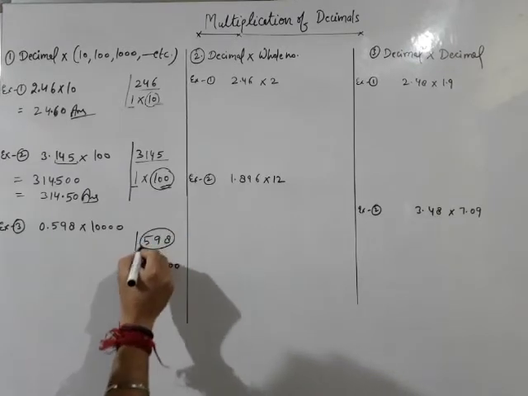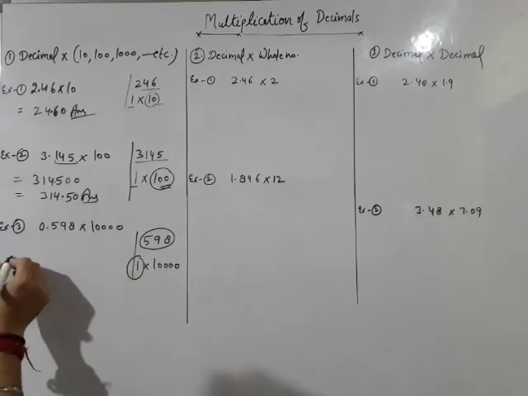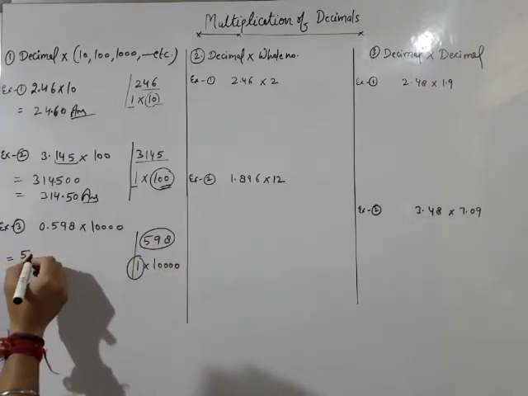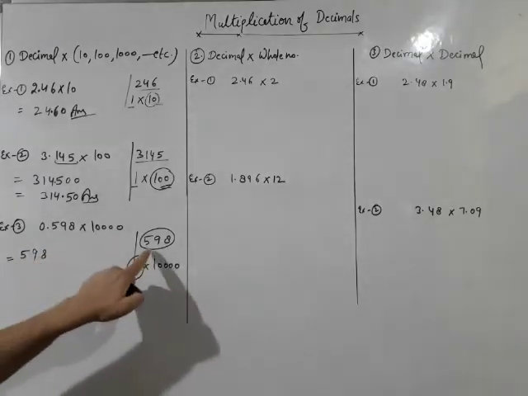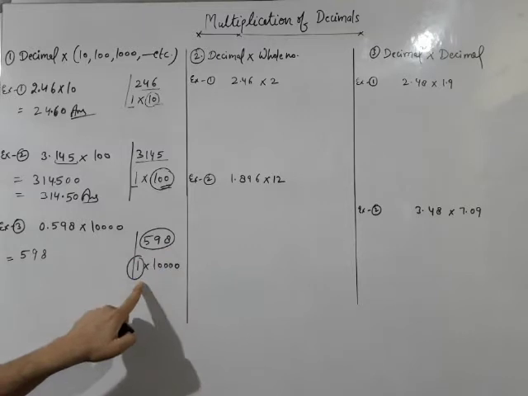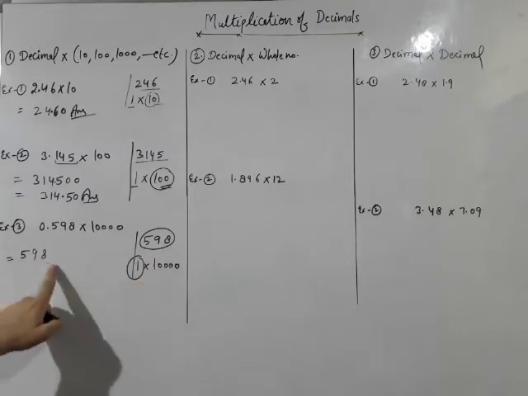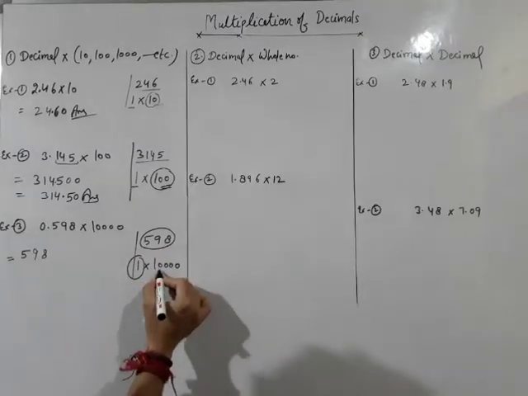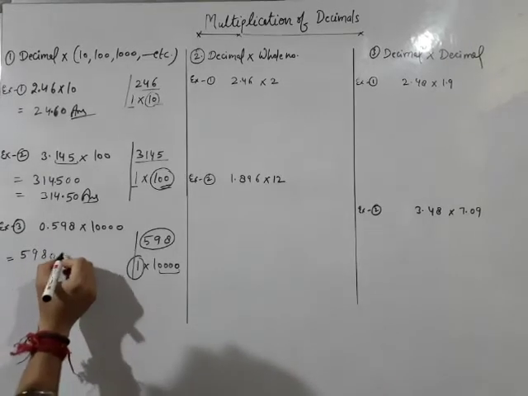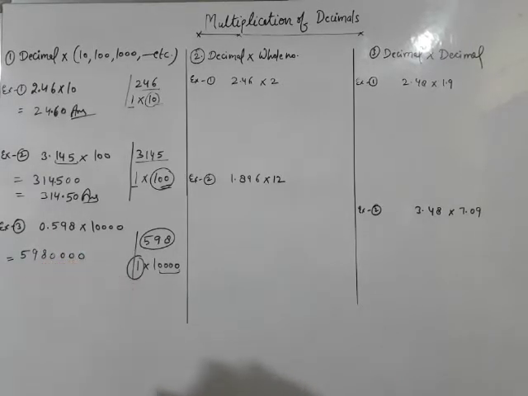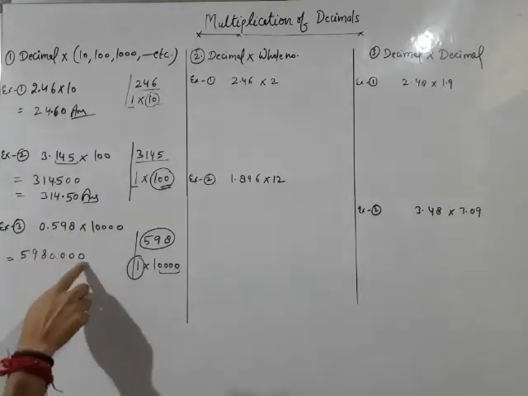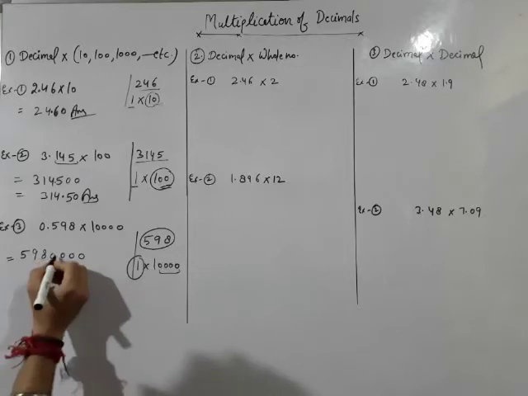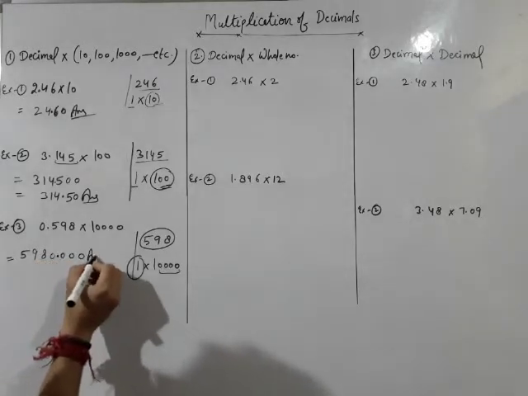Multiply 598 by 1, then the answer will be 598. Now we have 4 zeros, so place 4 zeros here. Now we have to place the decimal point, and the decimal point is written after 3 digits. So we will place our decimal point after 3 digits, and that will be your answer.